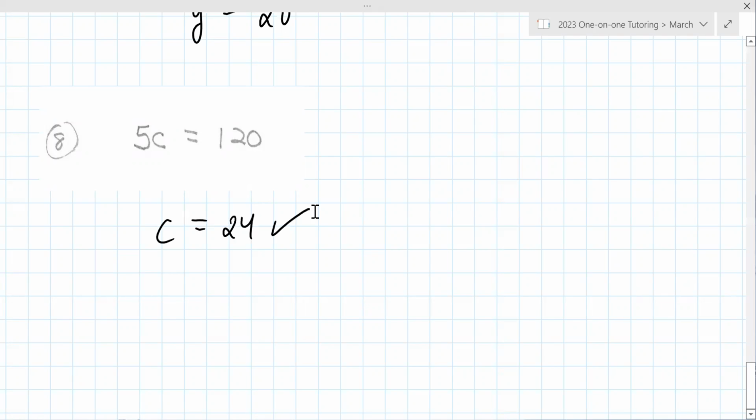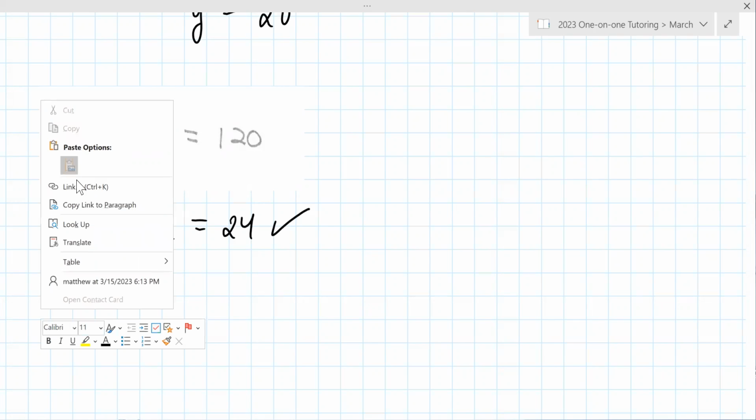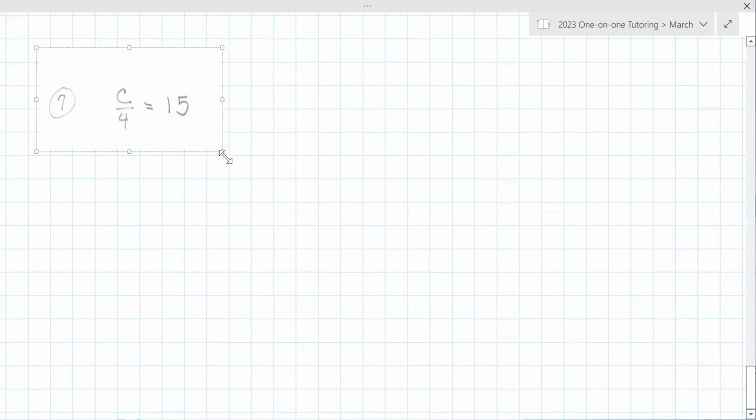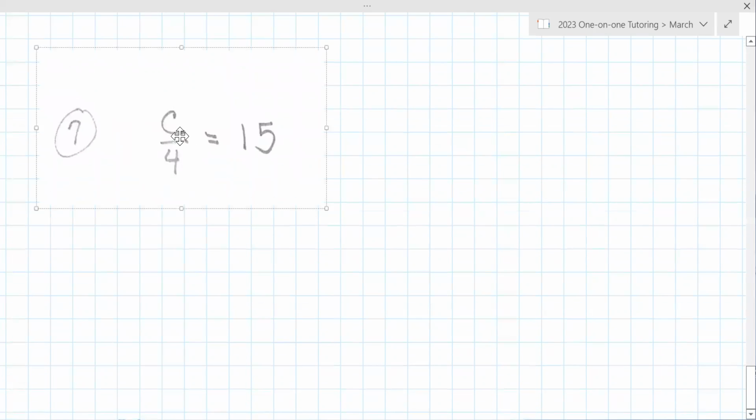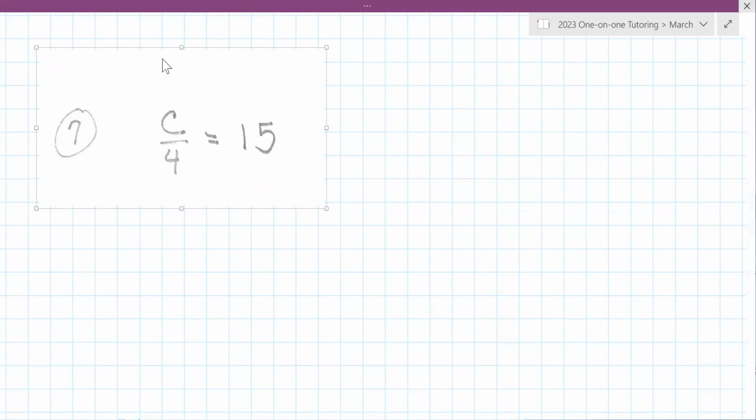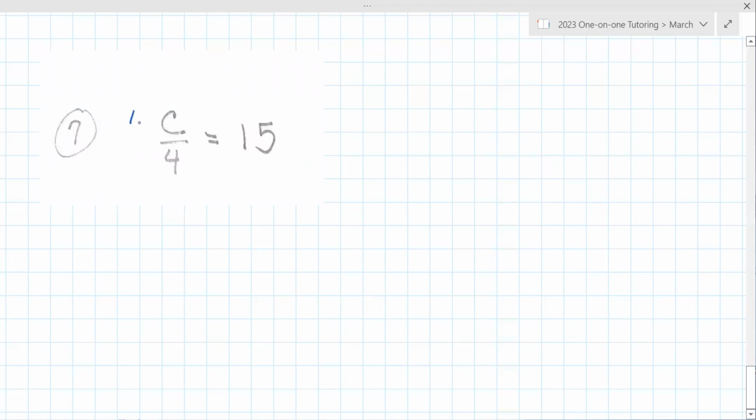Very good. Yeah, you do have to show the letter. Some teachers aren't very picky about that. Some are. All right, number 7. This one's the first one that's just a tiny bit different. On the left side, you're going to multiply. Some students write 4C divided by 4.